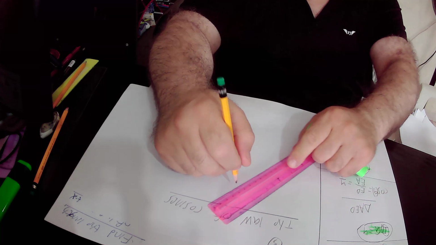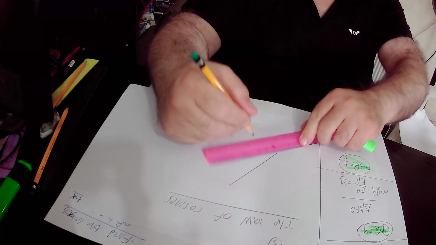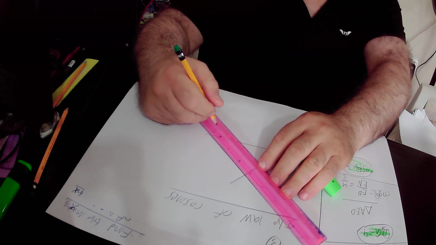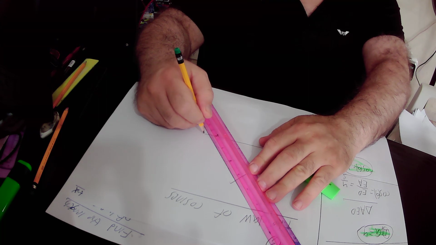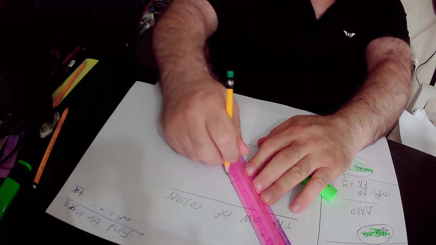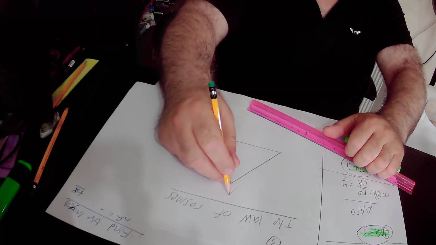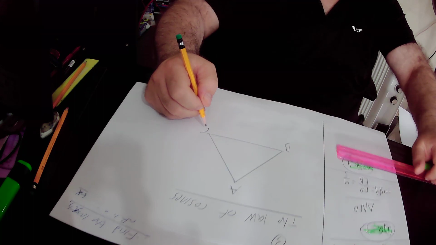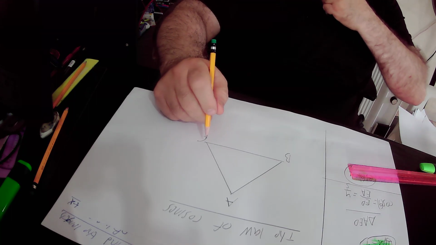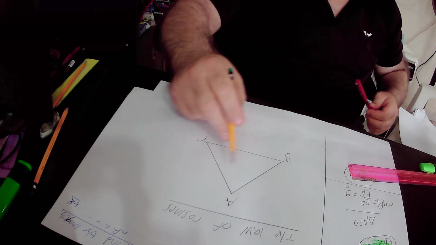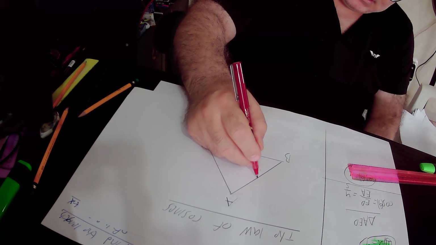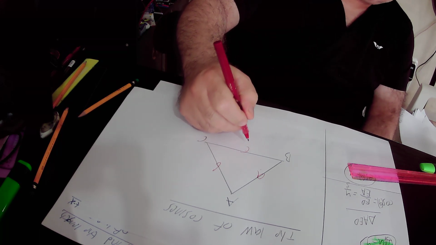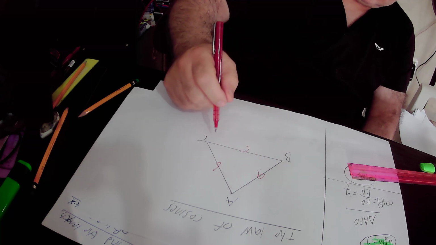So if we have triangle ABC, that could be any triangle, the length of side AB is A units, the length of side AC is B units, and the length of side BC is C units, and the angle between side AB and side AC is alpha.